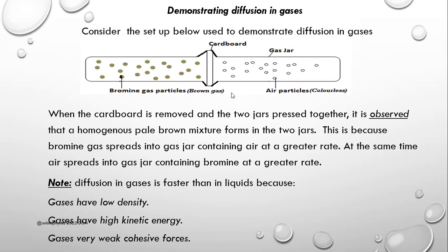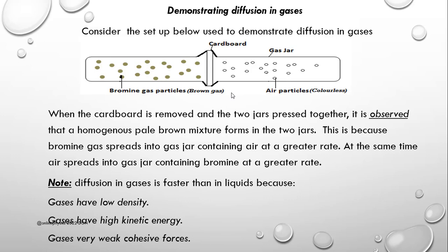It's colorless. And in the middle of those two glass jars, we have a cardboard, which is a separation mark. So we can also now explain that when the cardboard is moved and the two jars pressed together, it is observed that a homogeneous pale brown mixture forms in the two jars.